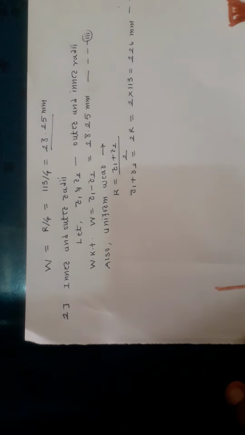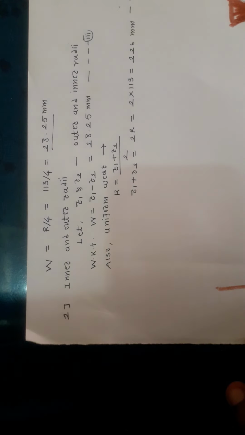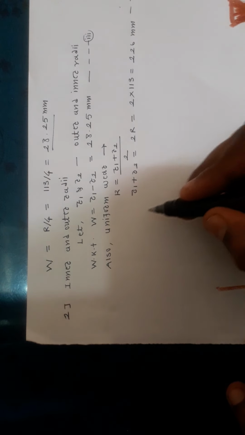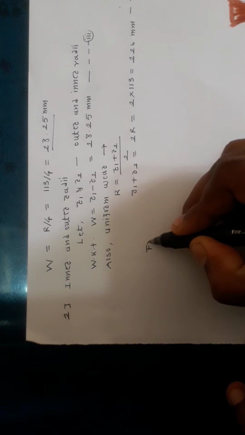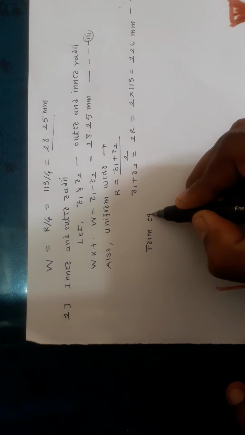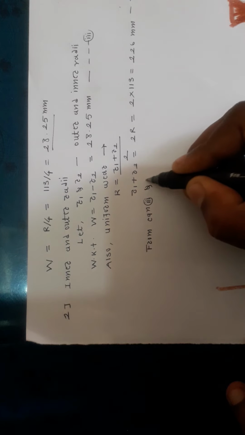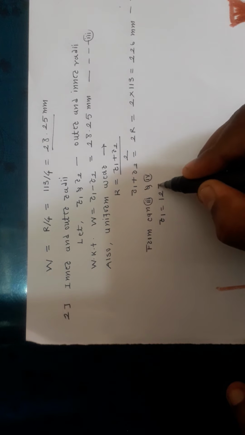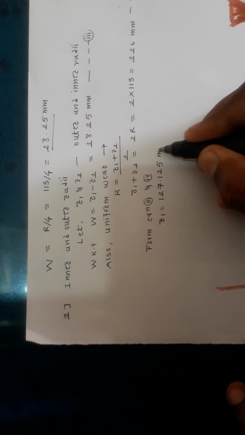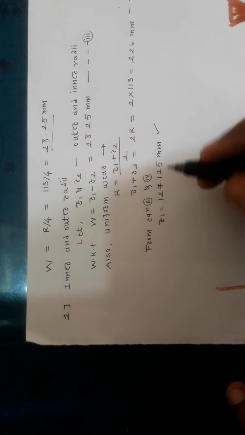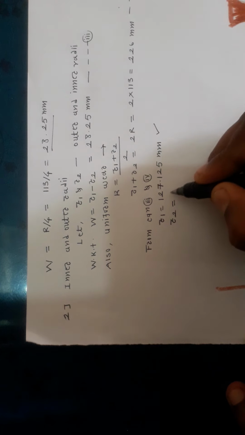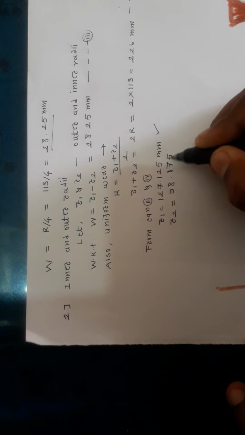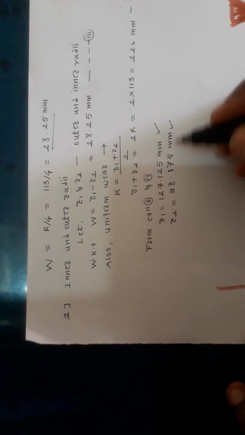So by equation number 3 and 4 we can calculate the value of R1 and R2. It's a simultaneous equation. So from equation 3 and 4, if I solve, the value of R1 will be 127.125 millimeters, and the value of our inner radius is 98.875 millimeters. Okay, that's all.